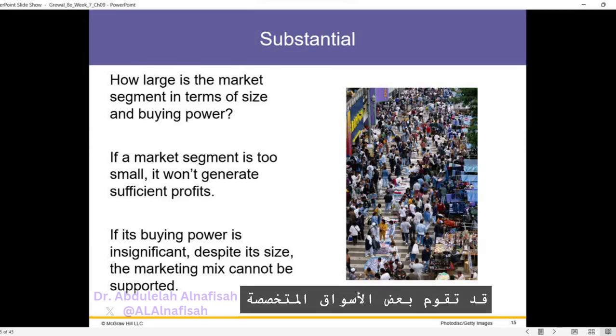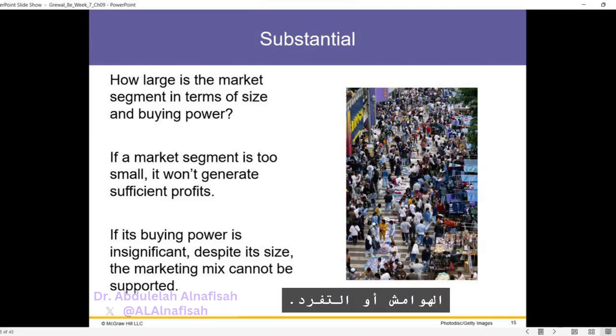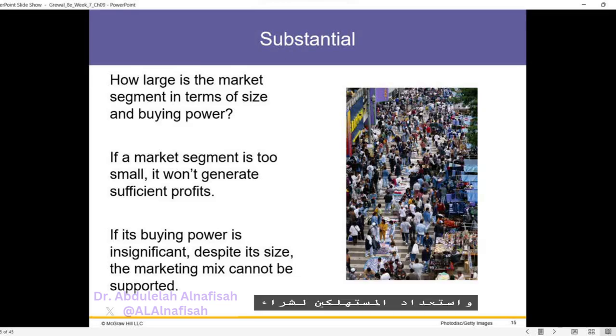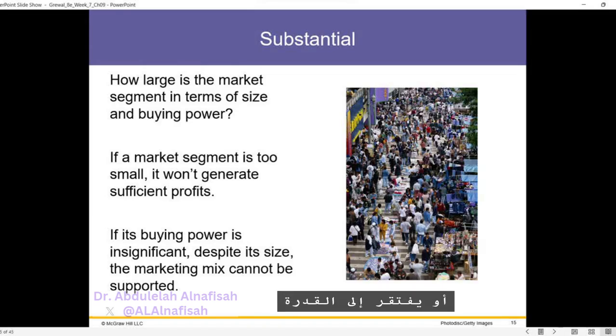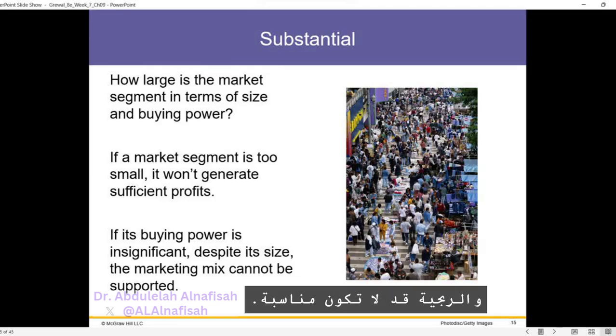Certain niche markets or luxury products may have a smaller customer base but can still be highly profitable due to higher margins or exclusivity. In addition to size, the buying power of the target market is also a significant consideration. Buying power refers to the financial capacity and willingness of consumers to purchase products or services. If a market has low buying power or lacks the ability to sustain demand and profitability, it may not be suitable for the firm's marketing mix activities.